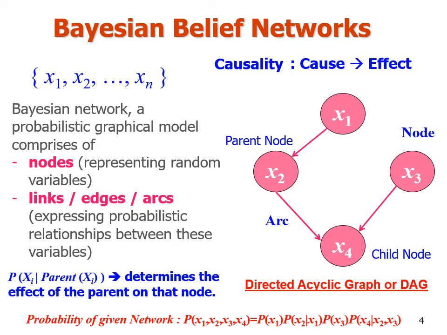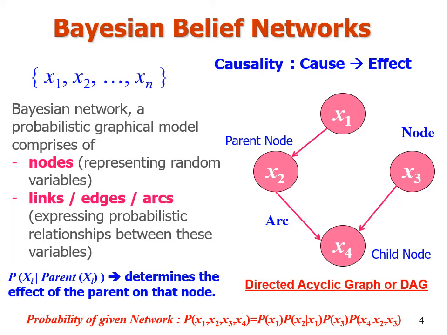I hope you have understood the concept of Bayesian belief network and how to generate such a graphical model. But to have a clearer perception of Bayesian belief network, let us look at one realistic example.